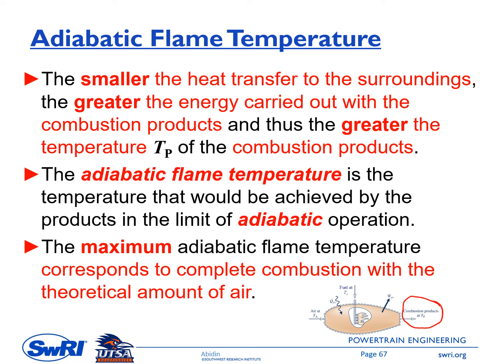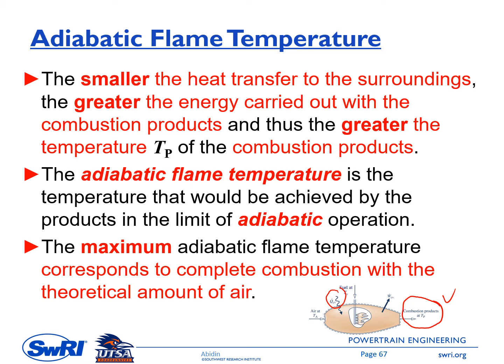So if we minimize Q here, it means we will maximize the energy with the combustion product. The adiabatic flame temperature here is the temperature that would be achieved by the product in the limit of adiabatic operation. So it means this will be the maximum temperature.